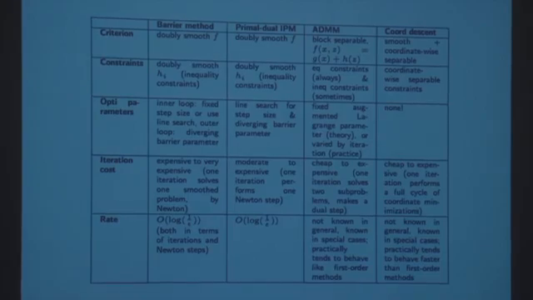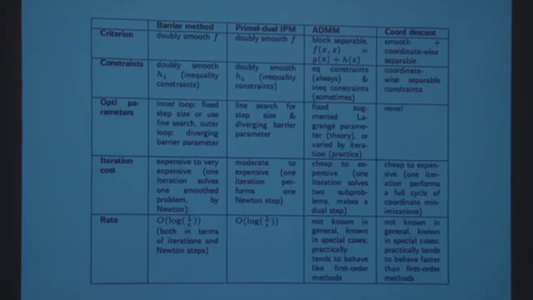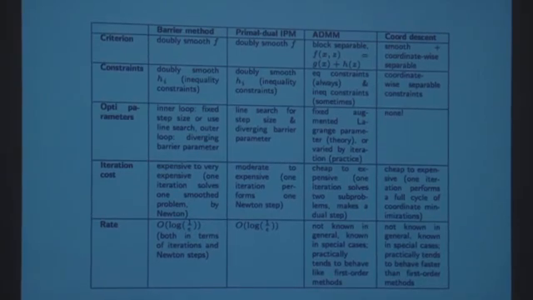It depends on the problem. It depends on how sophisticated you want to make your implementation in terms of the number of parameters you need to figure out. It depends on whether or not you have memory restrictions. It depends on whether you want a very accurate solution or just a roughly accurate solution. It depends on a lot of stuff. So summaries like this are helpful because you can remember the strengths and weaknesses associated with each method.